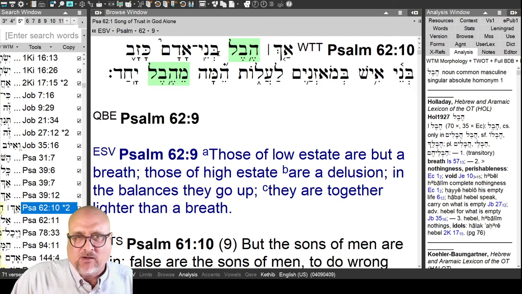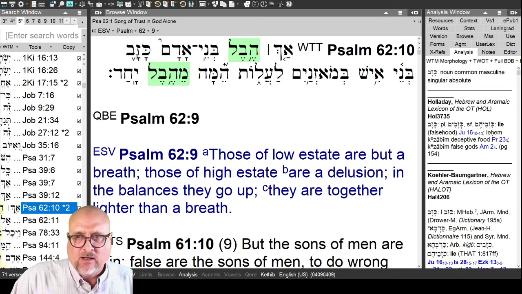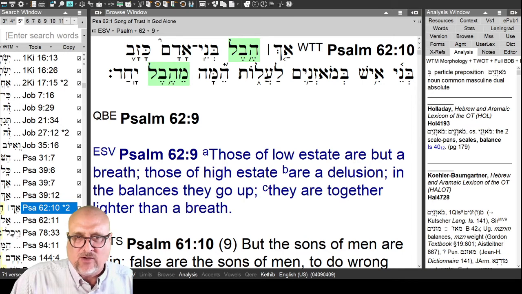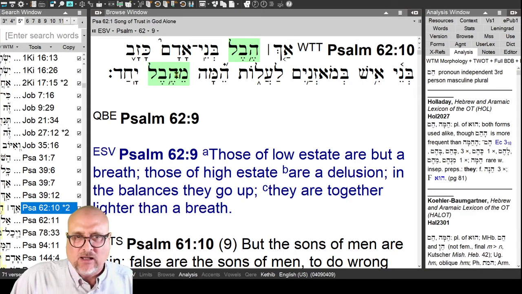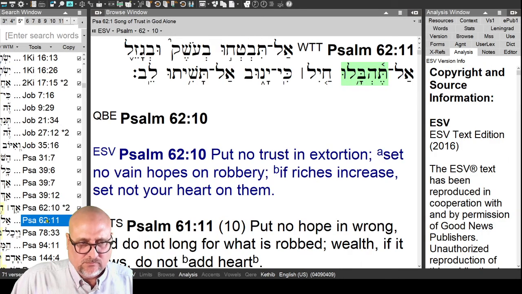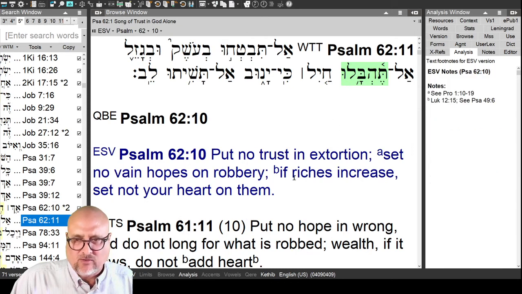Surely Abel are the sons of Adam, and a lie are the sons of a man. In the scales to go up, they are less than nothing. Or the next verse, vain hopes is how it's translated there.